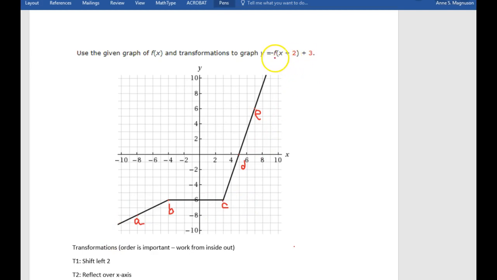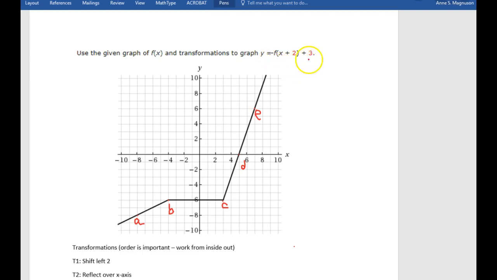transform them based on my knowledge of transformations of shifts and stretches and reflections. So let's look at what's happening with this function. This x plus 2 on the inside of the function tells me it's shifted 2 to the left. This negative sign in front of the function tells me that it's reflected over the x-axis.